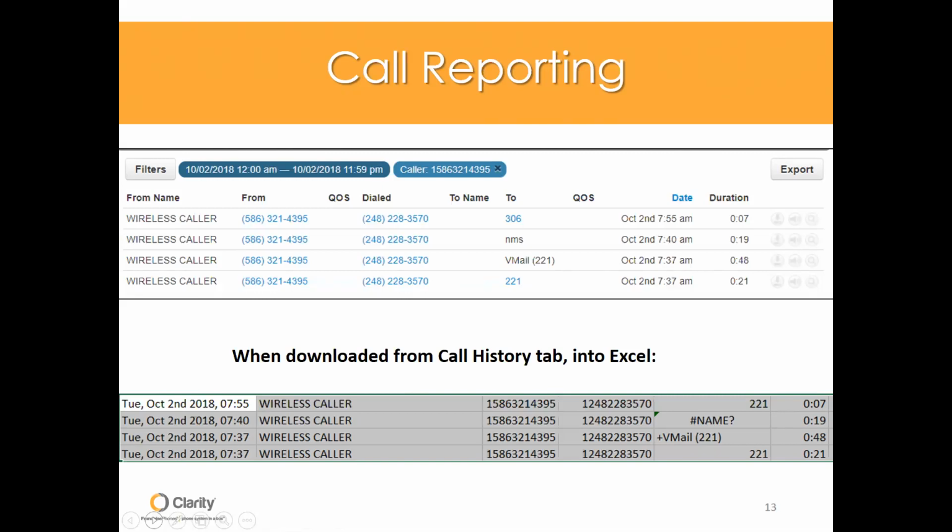So if it was a ring all queue, would it show multiple extensions? No, because you can only have one call to one extension at any point in time. It's literally a fraction of a second, so there's no way it can say it was ringing everybody. It's ringing Erica a fraction of a second ahead of Adam.